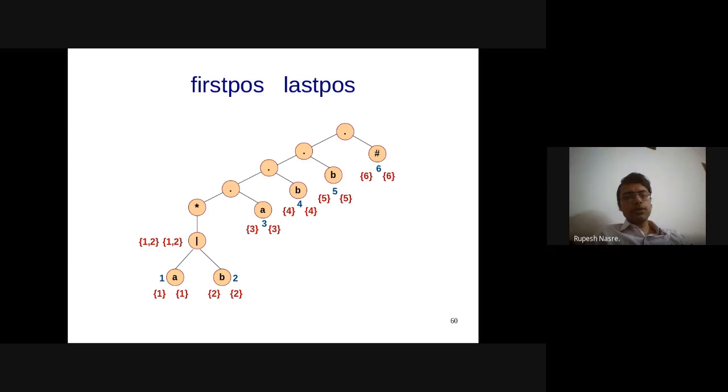For the star node, the first position will be whatever is the first position of C. So that is what is mentioned here. For concatenation, since the left-hand subtree, which is star, is nullable, it should be a union of these two. So the firstpos will be 1, 2, 3, whereas the lastpos is always guaranteed to be 3.